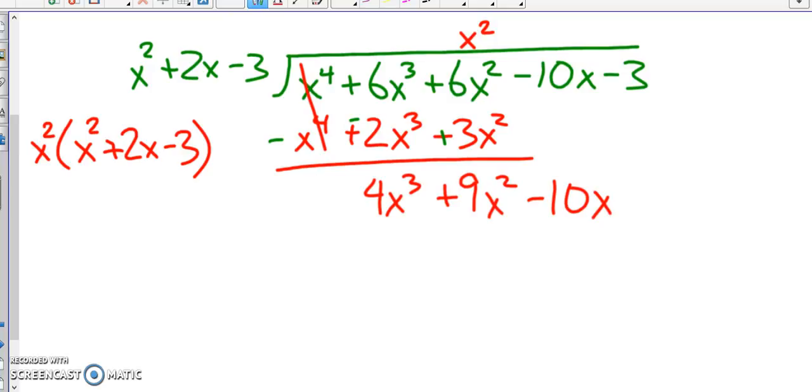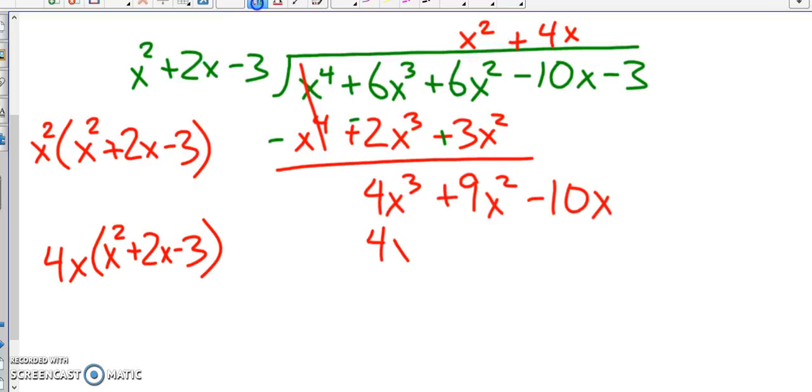What would I have to multiply x squared by to get 4x cubed? That would be 4x. So plus 4x times x squared plus 2x minus 3.